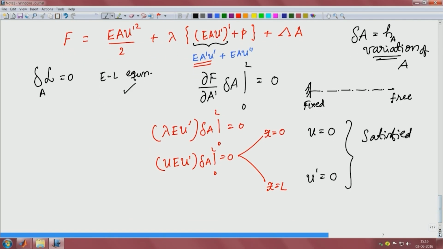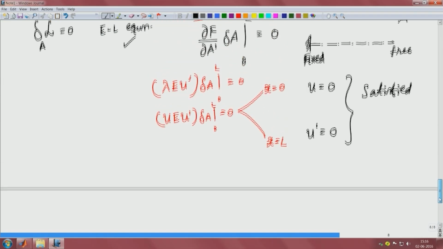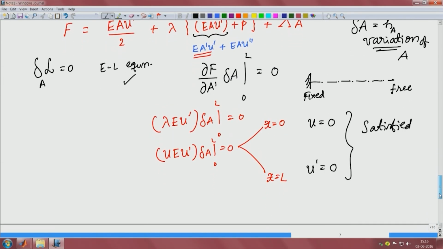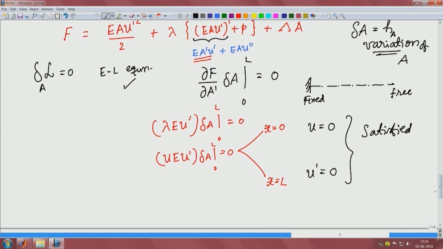Now, if we go further, I would need this integrand, write it again here for the boundary condition to take variations with respect to u. This is E a u'² / 2 plus λ E a' u', that is the first term, and then we also have λ E a u'' plus λ a.